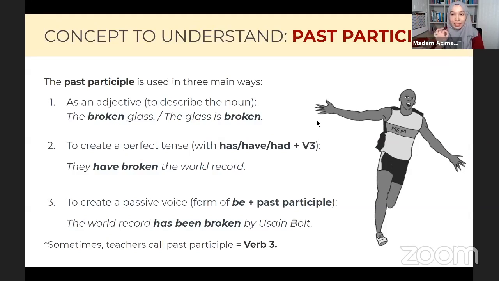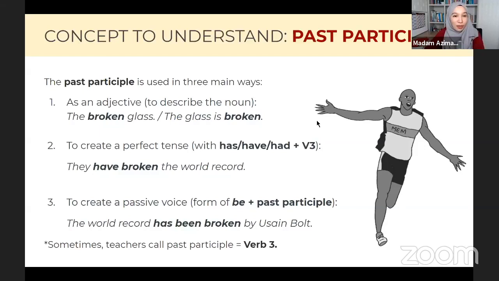So the past participle, that term, sometimes teachers call it verb 3 just to make it easier because you're like, okay, verb 1, verb 2, verb 3, or learners would have to sing this back in primary school. They're like, sing, sang, sung, ring, rang, rung, whatever. It's like verb 3, easy to remember when you sing. But the past participle is the formal term.